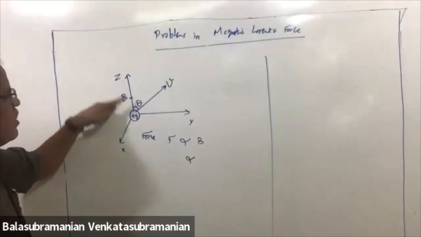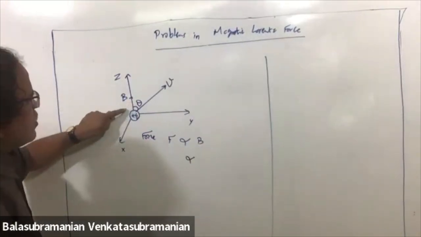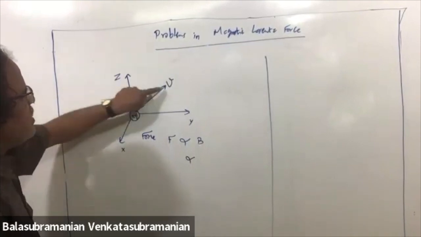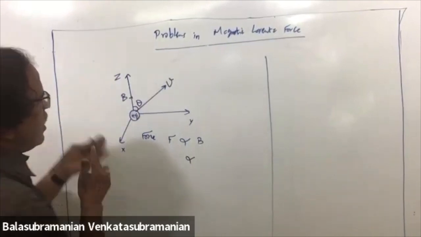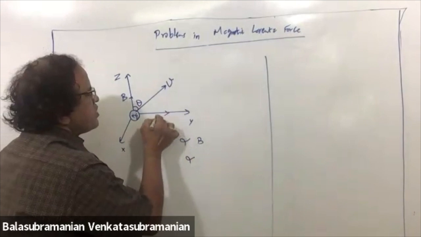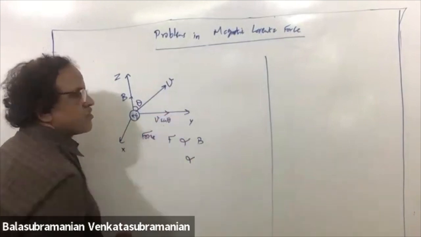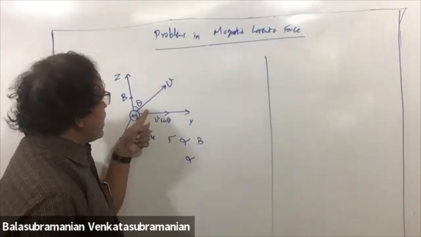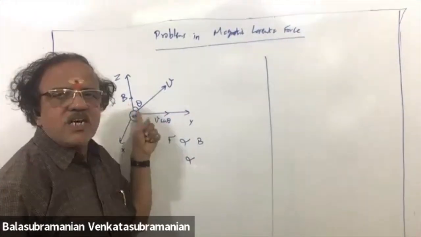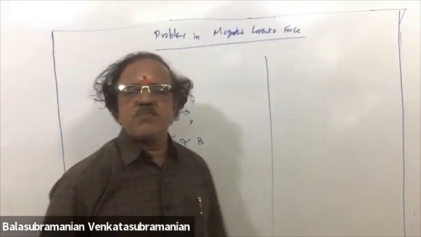Here you have put theta, so this will be V cos theta and this will be V sin theta. Suppose if you put theta here, this will become V cos theta and this will become V sin theta.